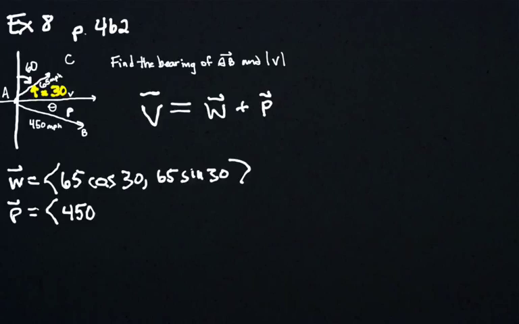It's the trajectory of the plane. So it's 450 cosine. What's the angle that it goes at? It's just theta. We don't know. That's my problem. I don't know what theta is. Comma, 450 sine of theta.